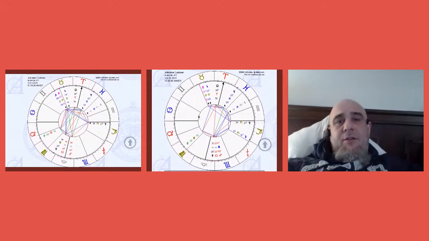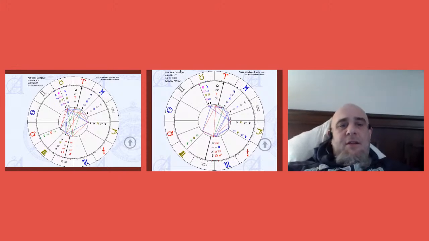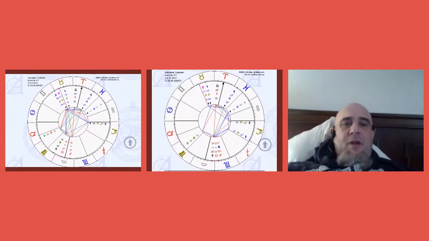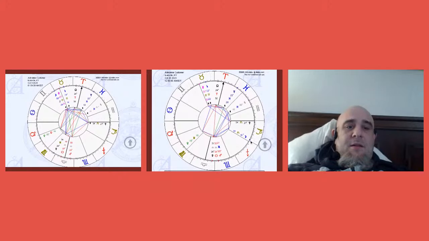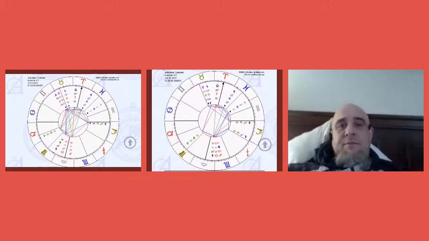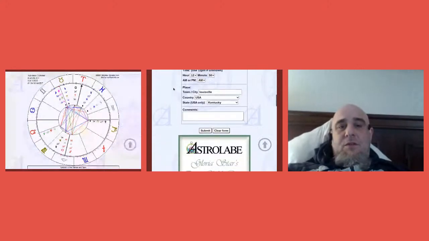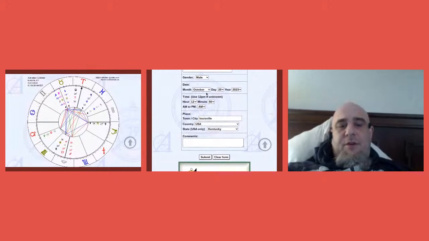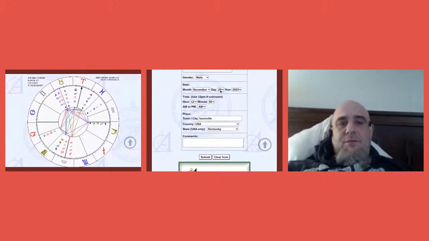Then I'll just do another quick lunar return leading up to the next. Right now on October 20th, the moon's going to be in Capricorn. So I'm going to go to November 1st and see where it is. Actually, I'm going to go to the 3rd.